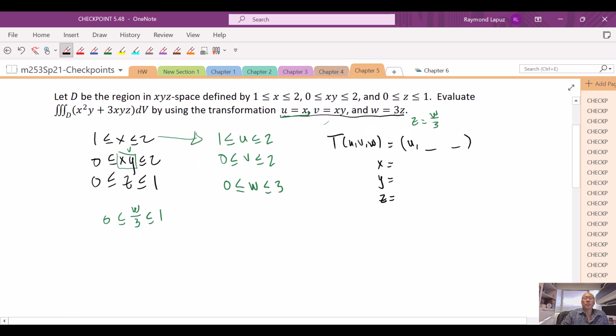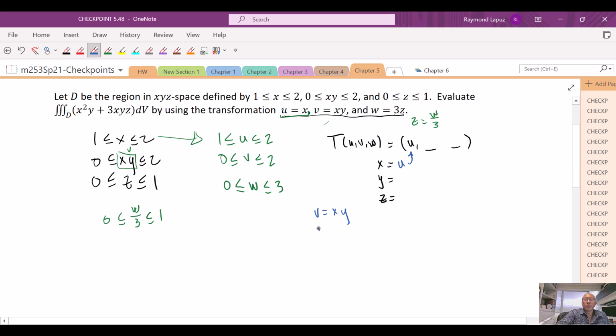Okay, so how are we going to do that? I think it's clear that X is equal to U. We already got that from our easy transformation. And then we have V is equal to XY.